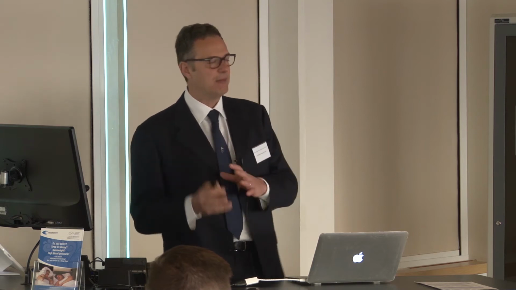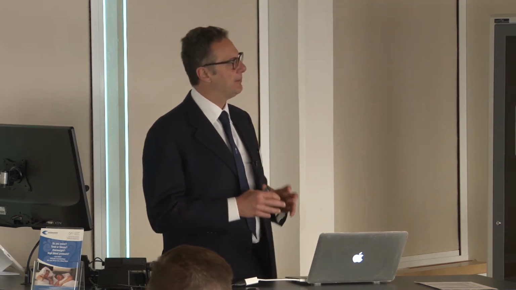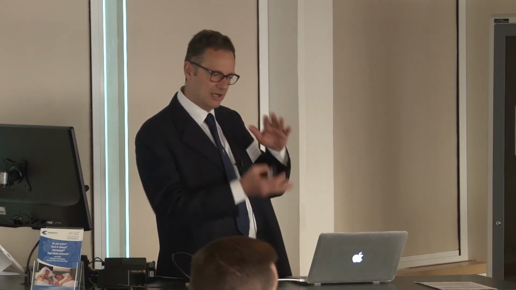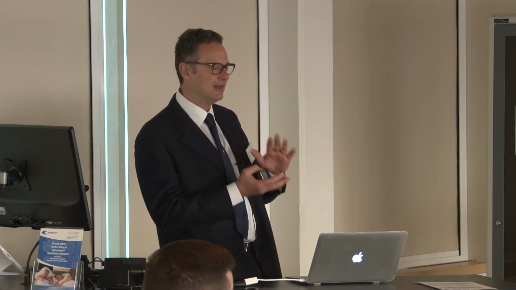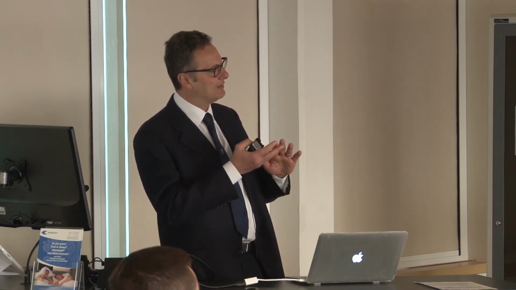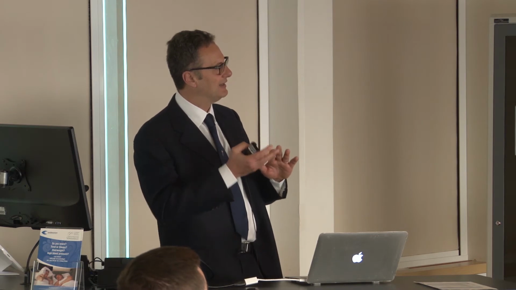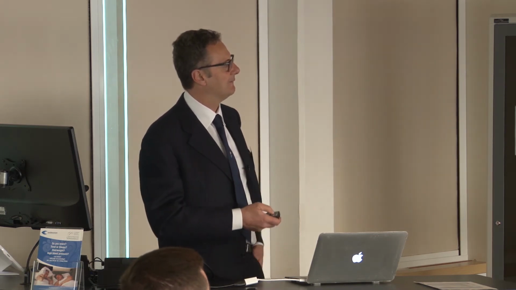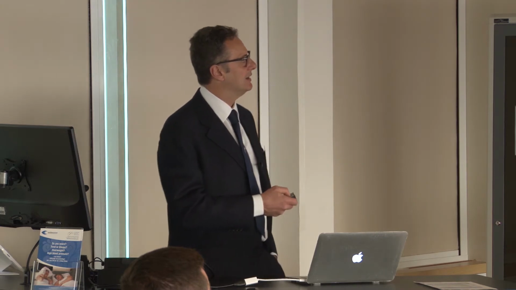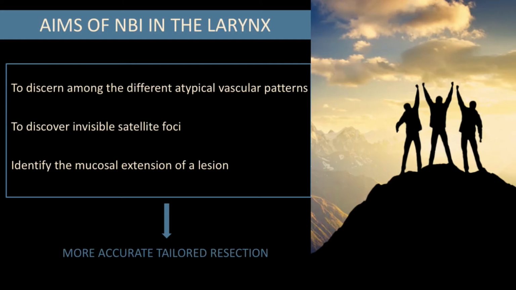So if you focus on the vascular network, you can distinguish between inflammation, dysplasia, and probably also carcinoma, because you have a minimal differentiation between superficial atypical vascularity and deeper atypical pattern. Very important to discover satellite foci that are not visible with white light.